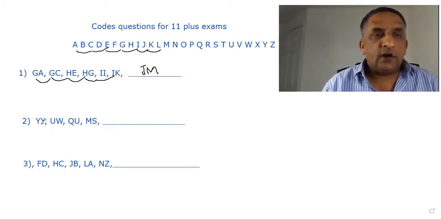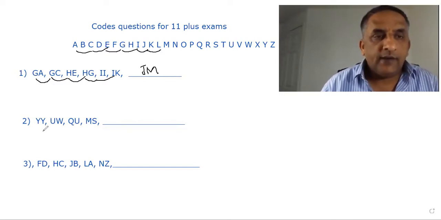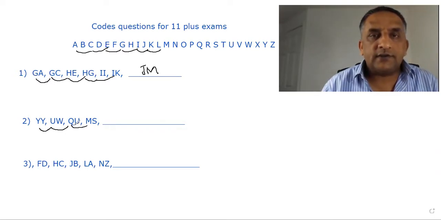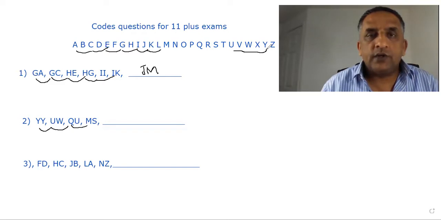Now I'm going to explain how to do the second question. It is Y to U, U to Q, Q to M. We have to see how the sequence is going. Y to U: Y is here, and U here, one, two, three, four.